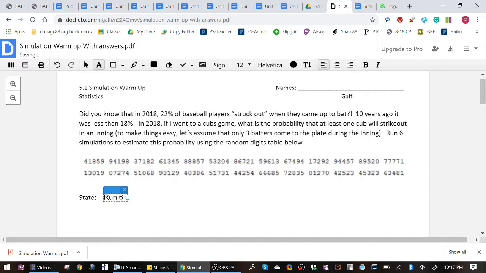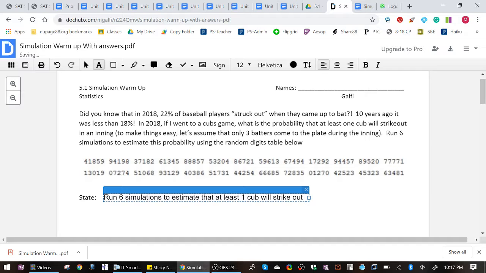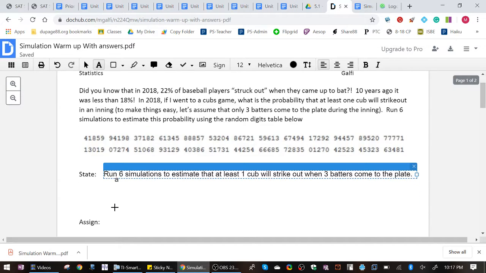We are going to run 6 simulations to estimate that at least one Cub will strike out when 3 batters come to the plate. So the state is a pretty simple thing. It's just rewriting what you are actually looking for.